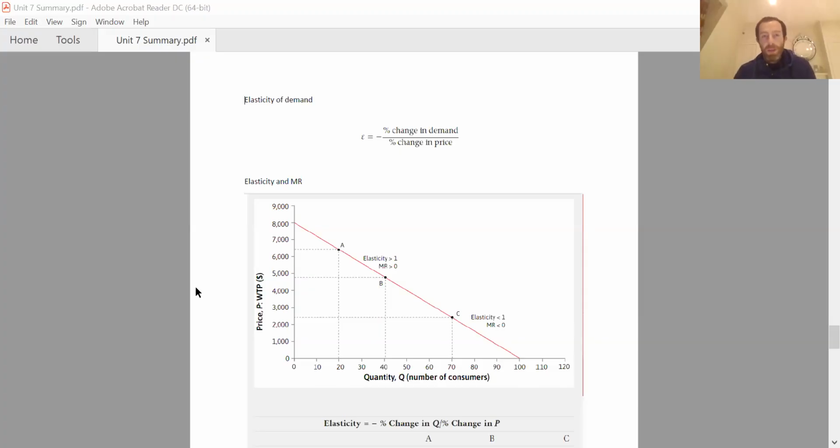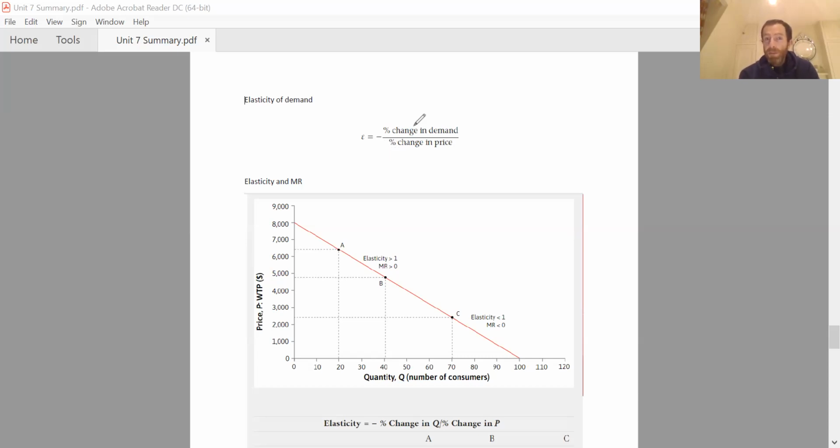Okay, so the last set of ideas I'm going to talk about in this video is bringing elasticity into things. So first off, what do we mean by elasticity? We use this symbol epsilon, and we define it as minus, and I'll talk about why there's a minus in a second, the percentage change in demand.